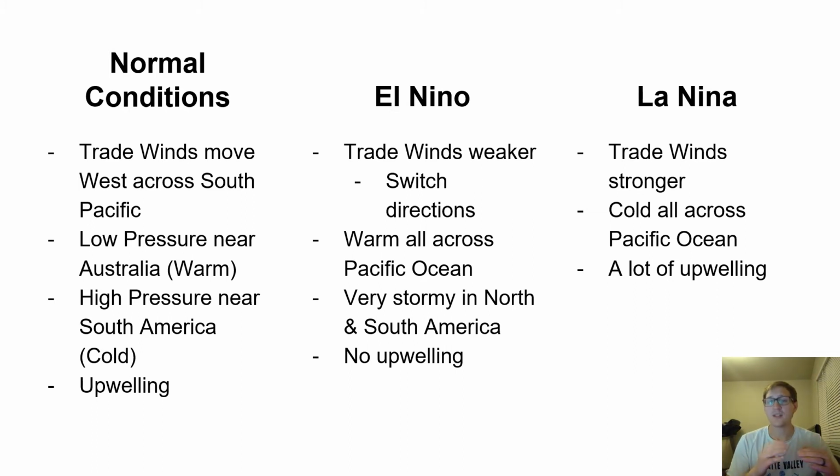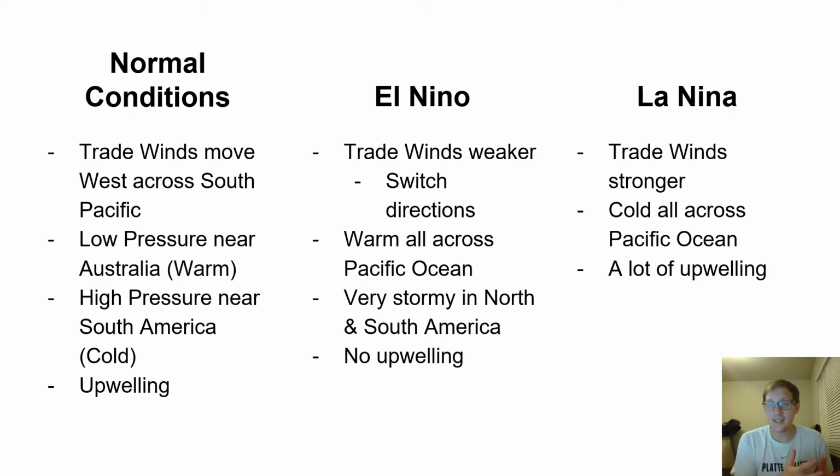But this leads to very stormy seasons for North and South America because of all the evaporation of water going up into our atmosphere, causing more water to collect, and it causes more thunderstorms and that sort of thing. If you imagine now, the trade winds are switching direction, so they're blowing towards the Americas and not towards Asia and Australia. In this situation, there is no upwelling because of the weak winds.